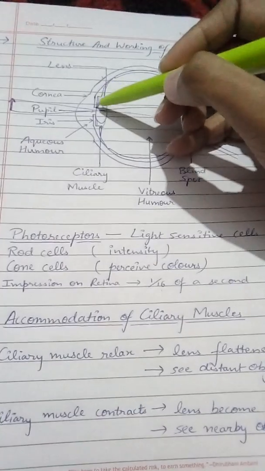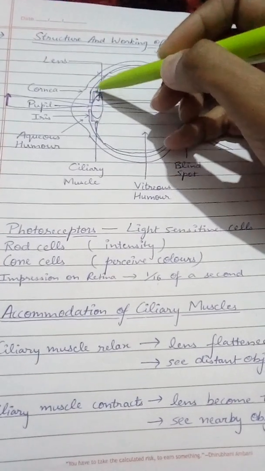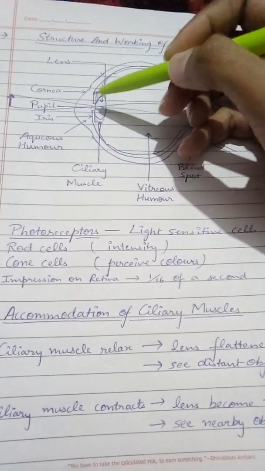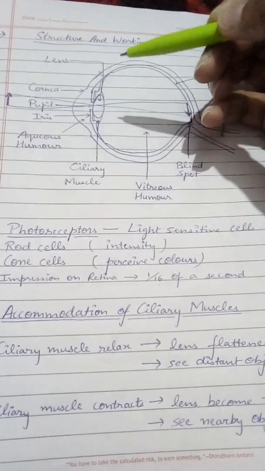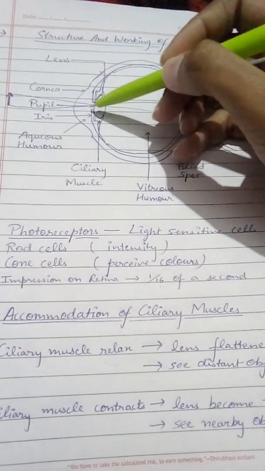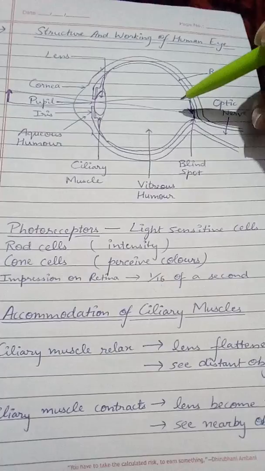This portion is iris. These are the flexible muscles which adjust the size of the pupil. And pupil is a kind of hole through which light enters the eye.